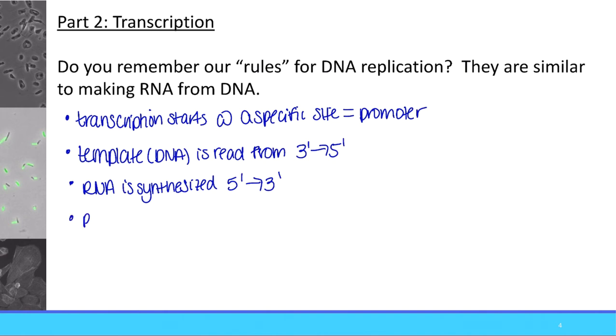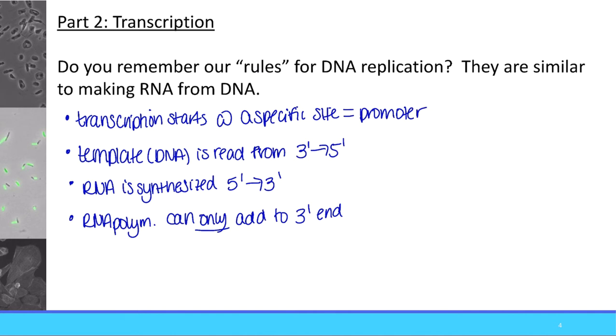The reason for that is that RNA polymerase, just like DNA polymerase, can only add to the 3' end. So just like we need a free 3' OH, or that free 3' end, for DNA replication, the same is true for transcription. So again, many similarities between transcription and replication.